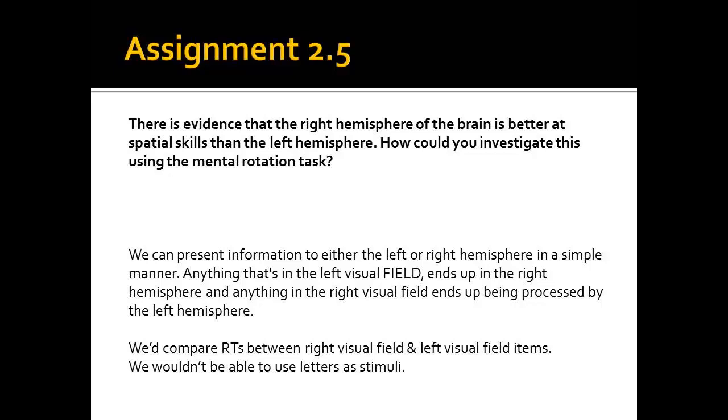So we would have to do tons of these kinds of trials and compare whether the response times for items presented in the left visual field are indeed different from the response times to items presented in the right visual field. The hypothesis here being, of course, that response times to items in the left visual field will be quicker than the response times to items presented in the right visual field.